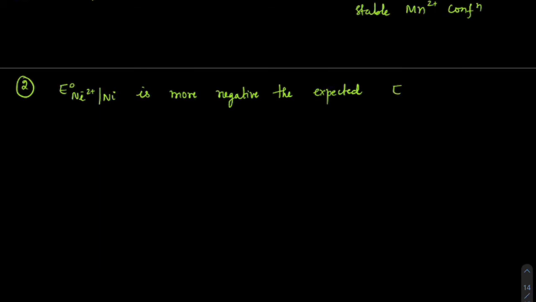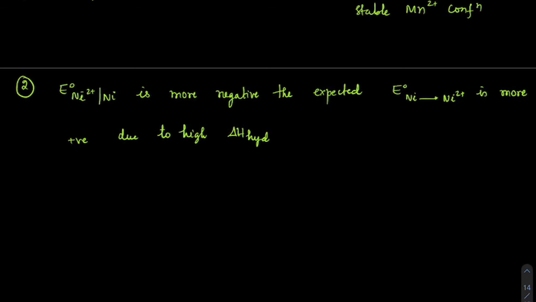We can say that E naught for Ni to Ni+2 here, got it, is more positive due to high delta H hydration. Because the size of Ni+2 is very small, the delta H hydration is very high for this.